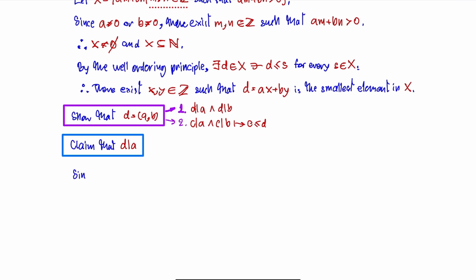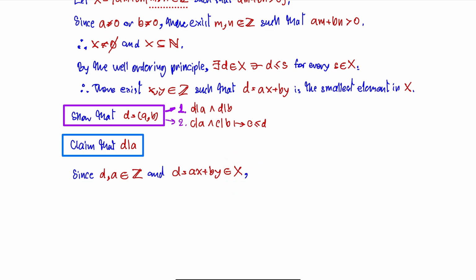So since d and a are integers and d is in this form, d equals ax plus by, which is in this set, the set x.